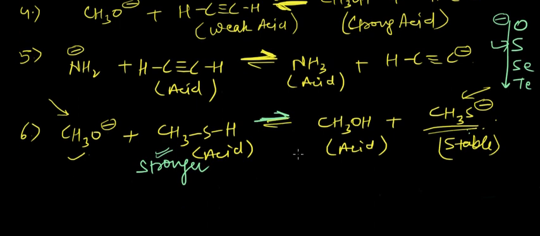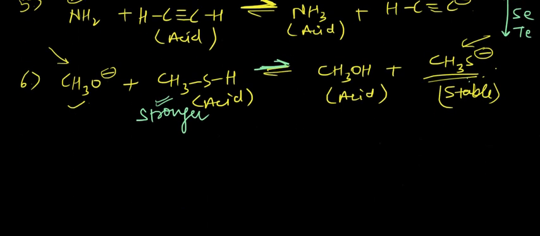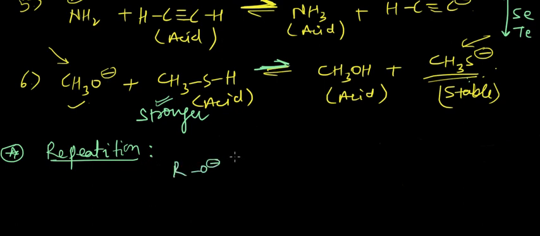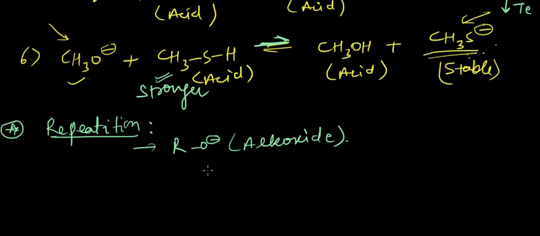Okay, so just a repetition of some concepts. I hope you have remembered that this group is called alkoxide. Or if I have not told you somewhere in the past, I am telling you now.